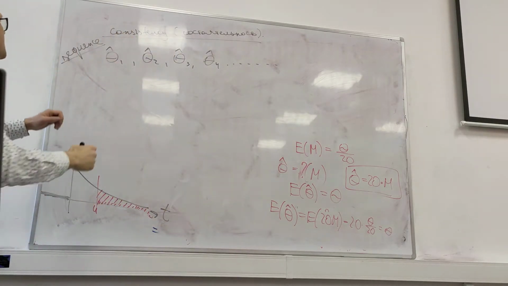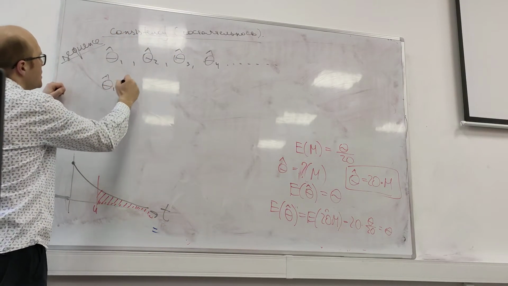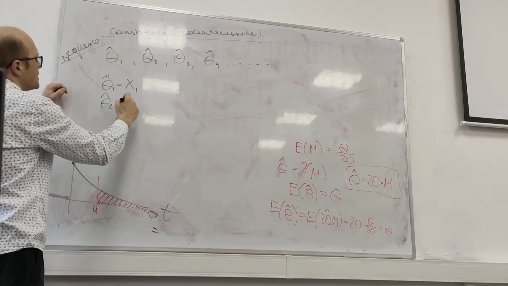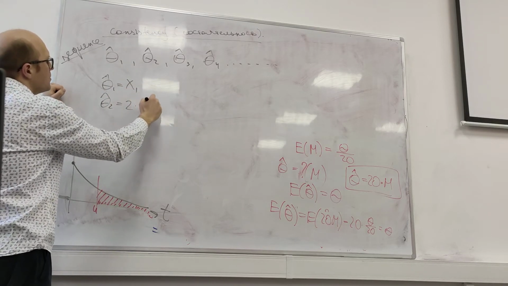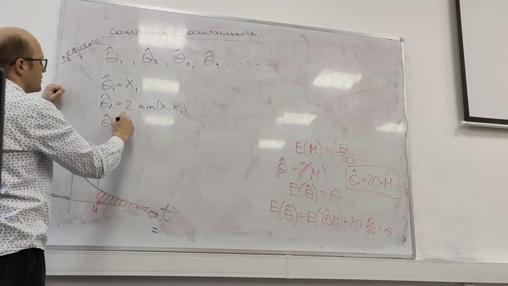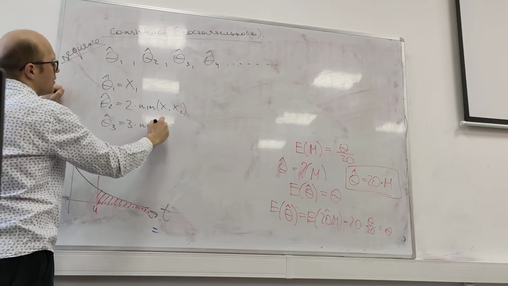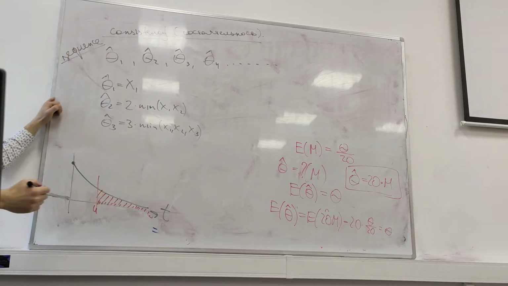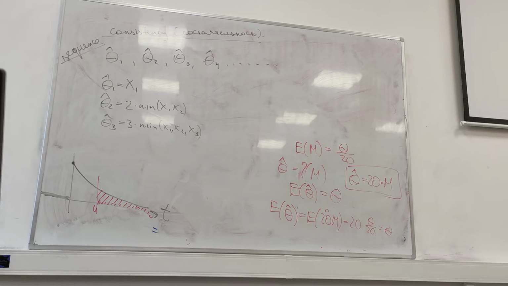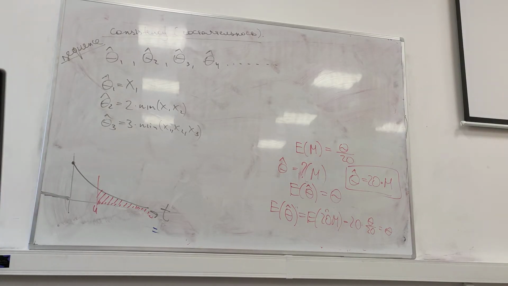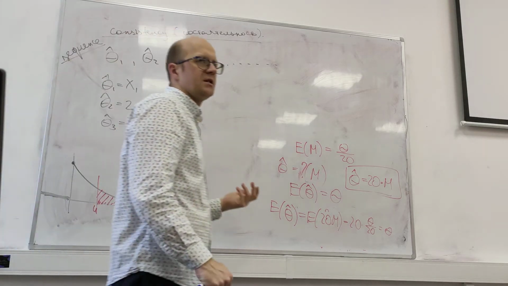So in this case, the first is just, let's say, x1. The second is 2 times minimum of x1, x2. The third estimator is 3 times minimum of x1, x2, x3. Okay? So the basic idea: consistency is a property of a sequence of estimators, not of a particular estimator.